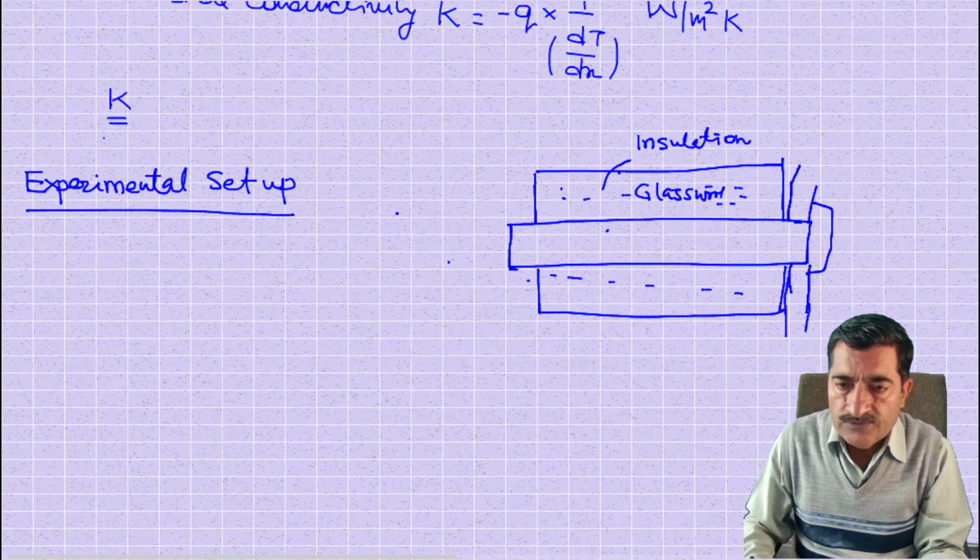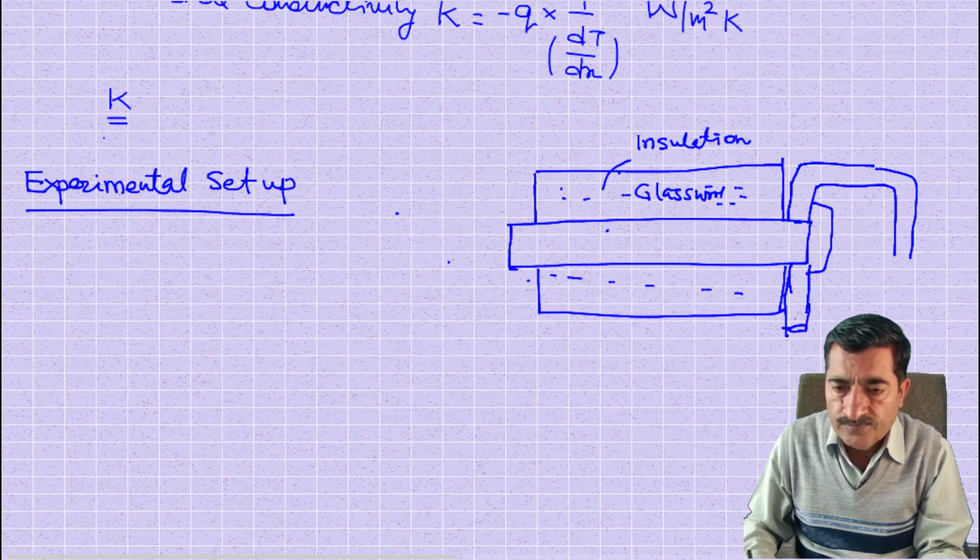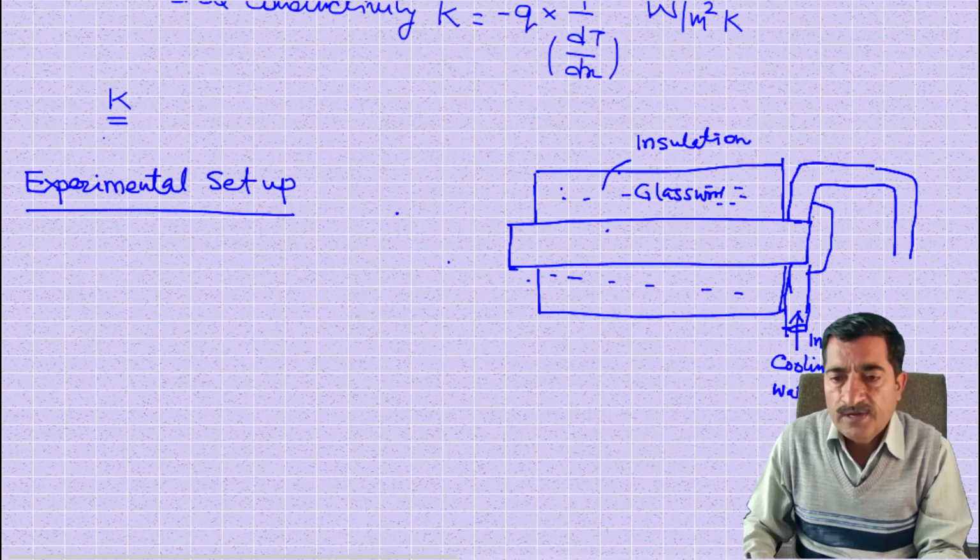This is the cooling jacket. This is the inlet of cooling water, and this is the outlet.